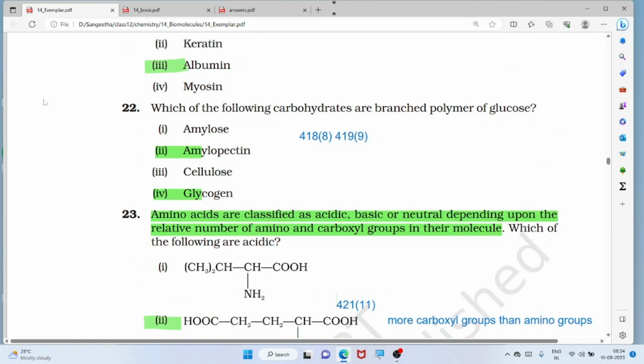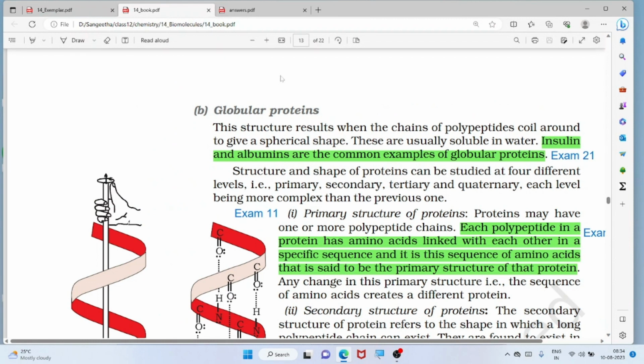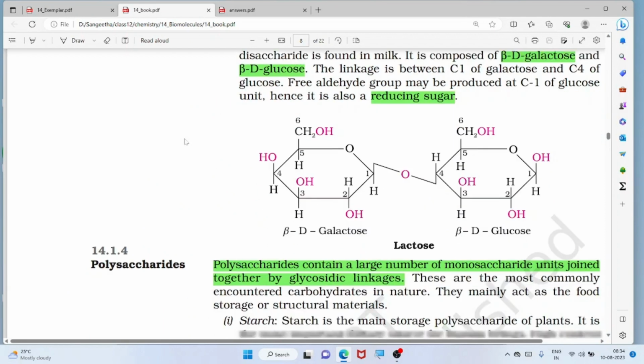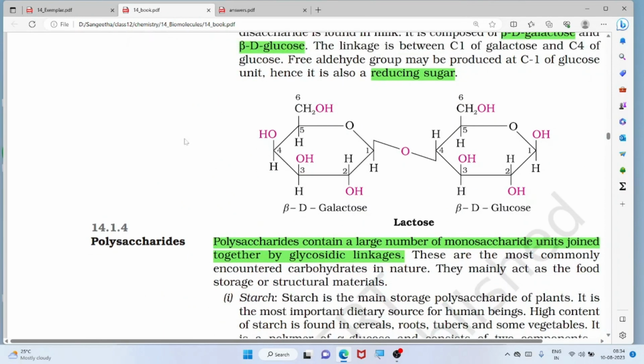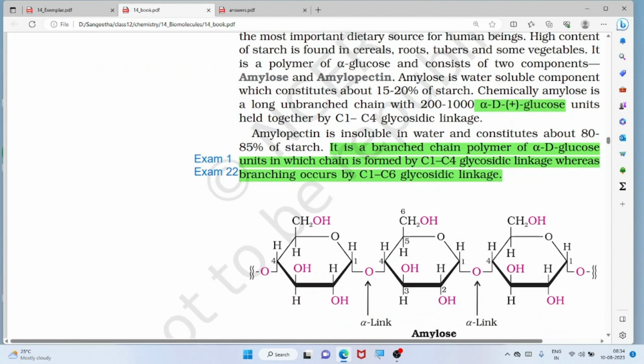Which of the following carbohydrates are branched polymers of glucose? Amylopectin, where I already showed you the C1-C6 linkage, and glycogen. Branched polymers.